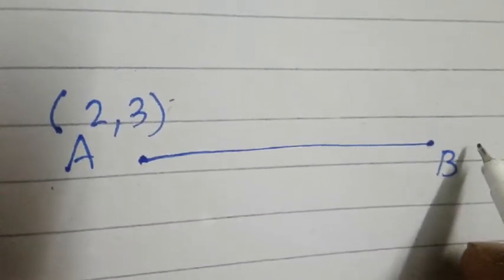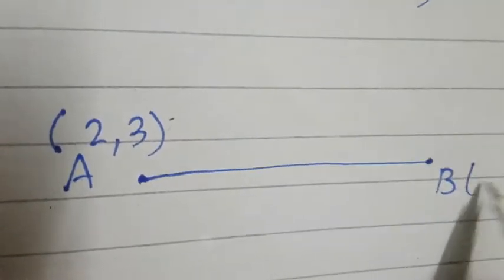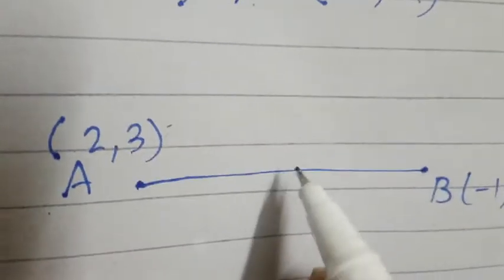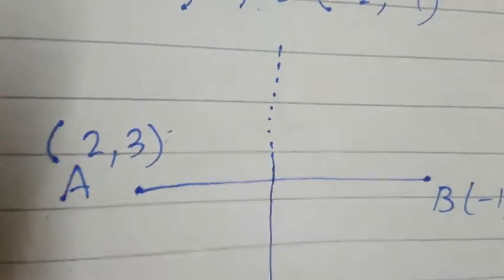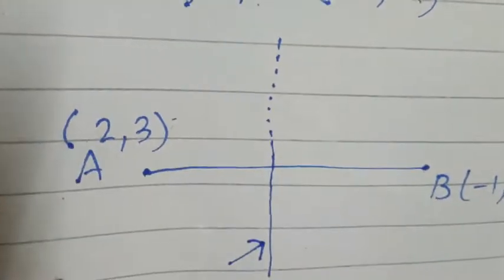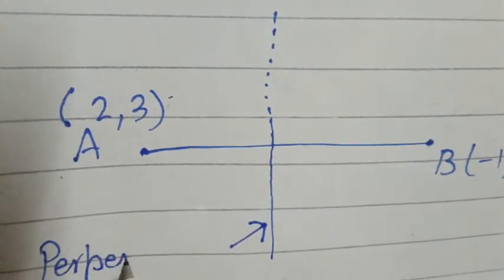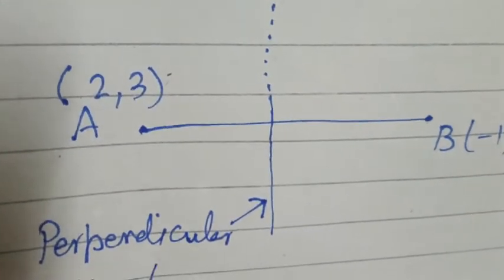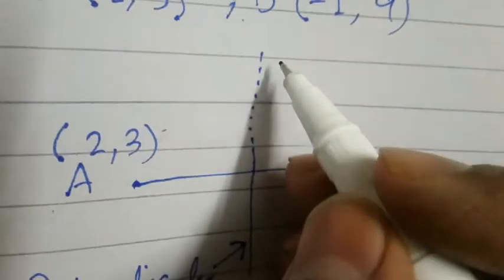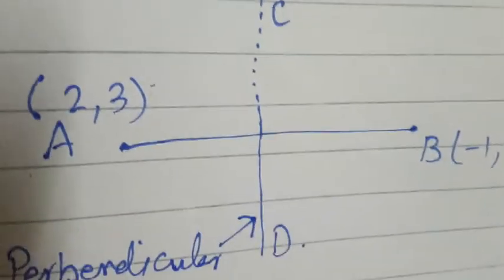First we draw the diagram. The points A and B form a straight line. The dotted line shows the perpendicular bisector. This perpendicular bisector is CD.